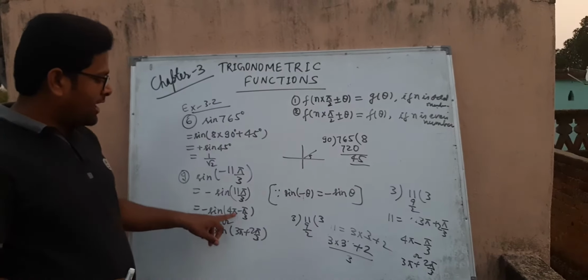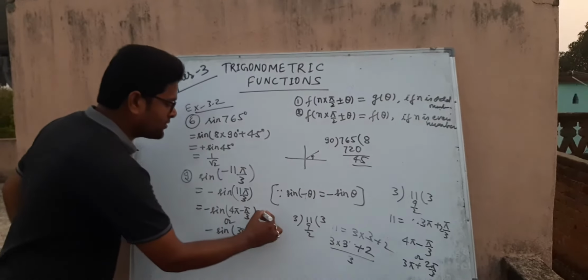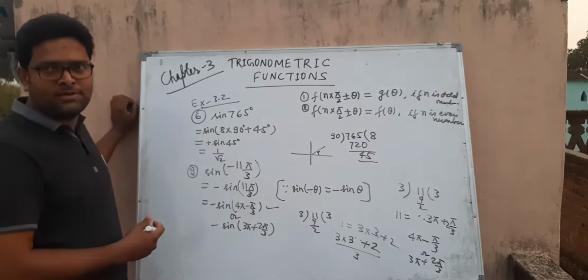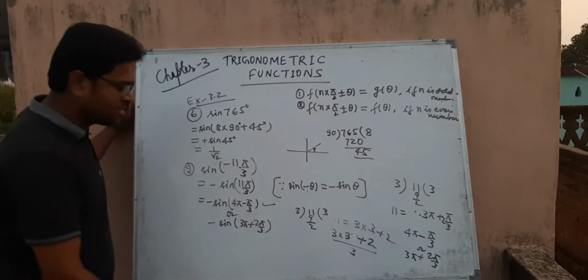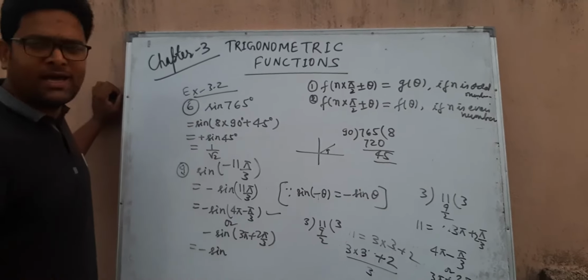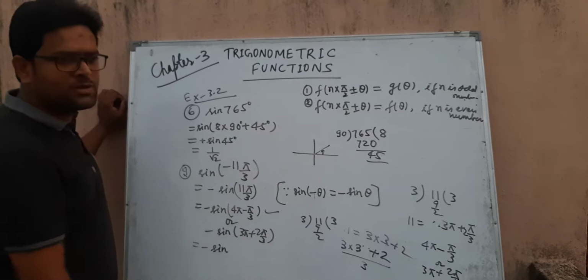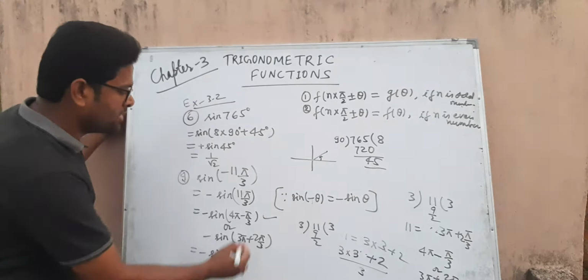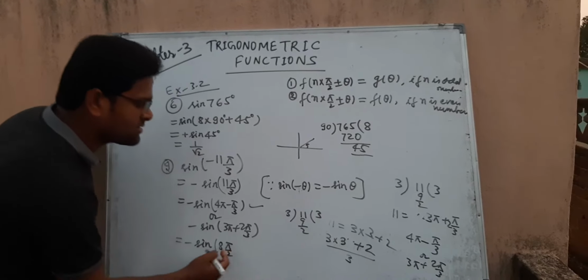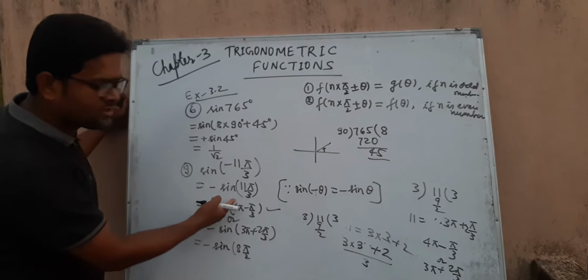Now see, either of the methods we can apply, but it will be better for you to use this one. You know why? Because again in terms of 2 pi by 3 I would have to convert it into pi minus pi by 3. So it is better to apply this method. So it will be minus sine. Now for pi, I need an odd multiple or even multiple of pi by 2 or 90 degrees. So let us convert it. I can write it as 8 pi by 2. Now you will ask me, sir, why have you converted? 2 4s are 8, you will get the same.